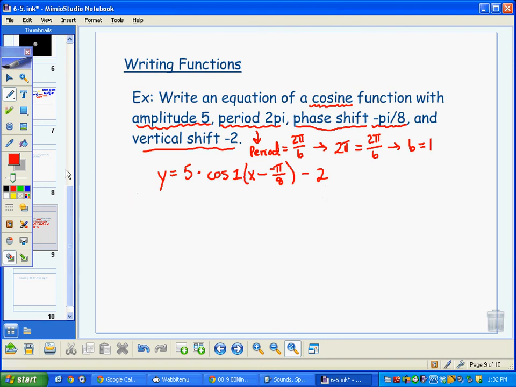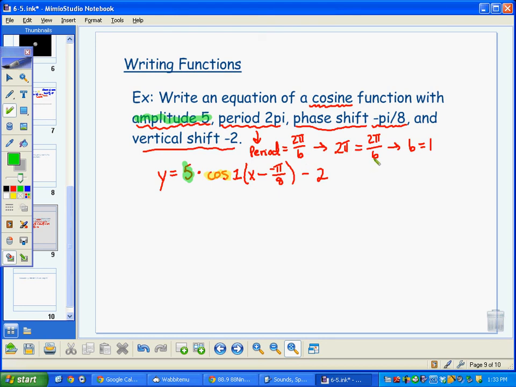Okay? So again, each of these was affected this way. I've got the cosine function, so I made sure I had cosine, not sine. Amplitude. All right, the amplitude of 5, that went here. Period of 2 pi. That told me that the period was equal to 2 pi over b.